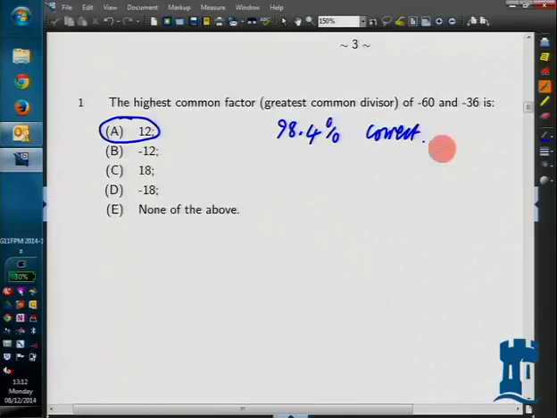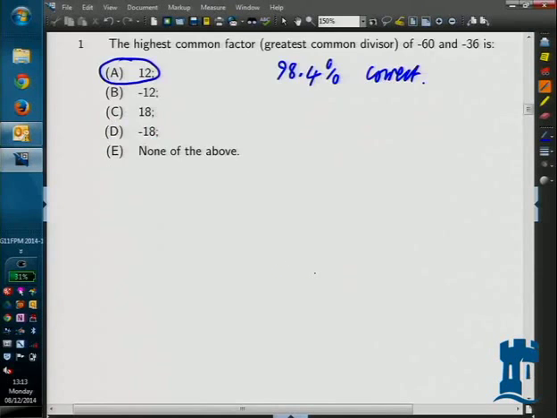And since 60 is not divisible by 18, you've got a choice between 12 and none of the above. But the correct answer is 12. So I don't think I'll spend any more time on that, unless anybody's got any questions as to why the highest common factor is 12. If you do have any questions about that, you might want to contact me.